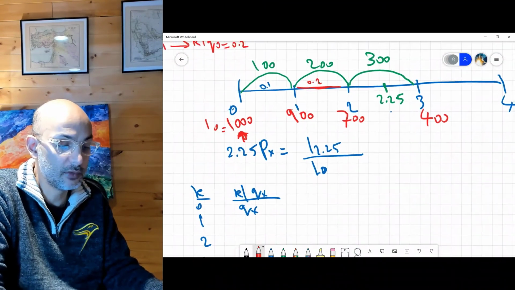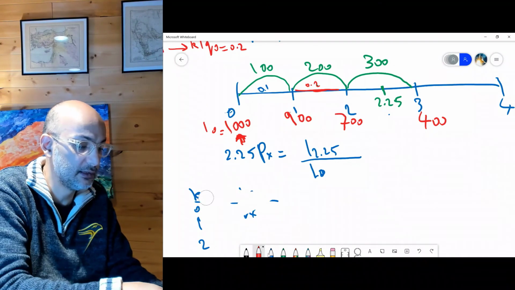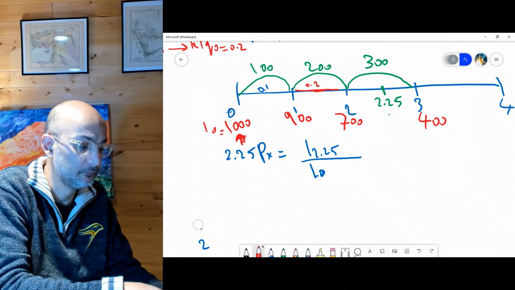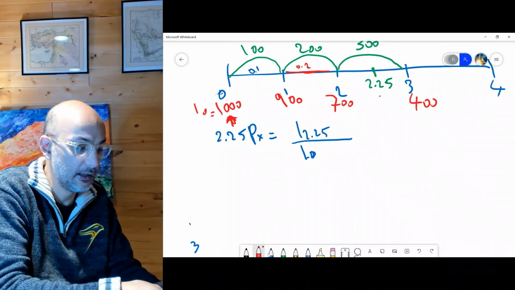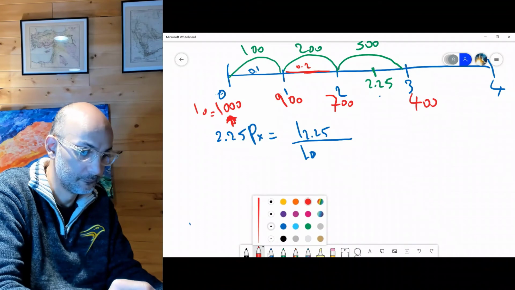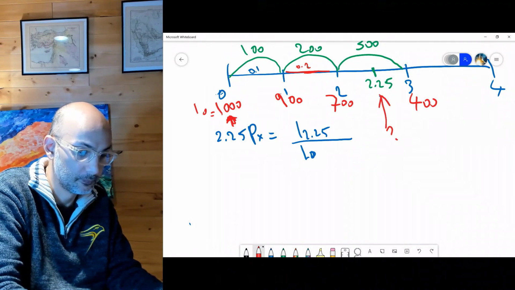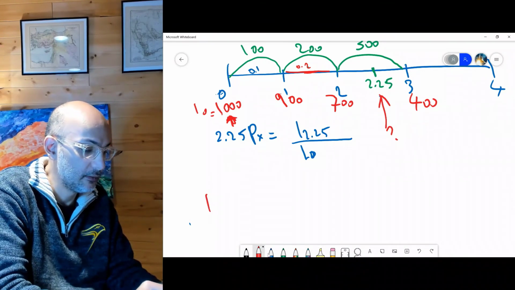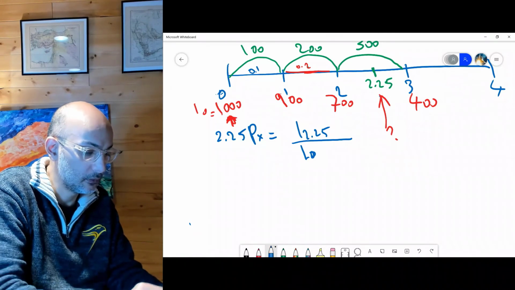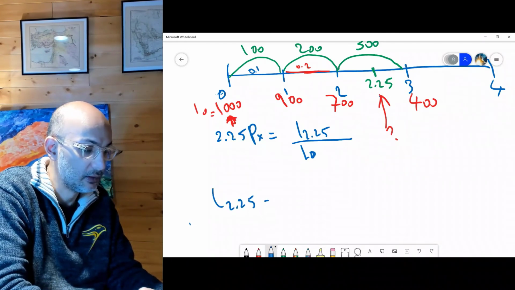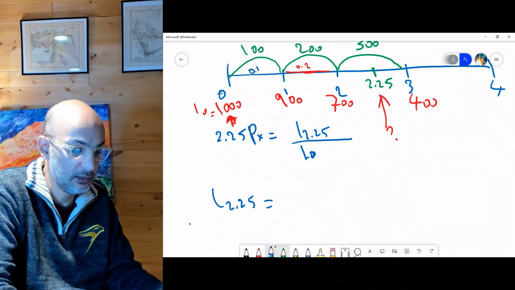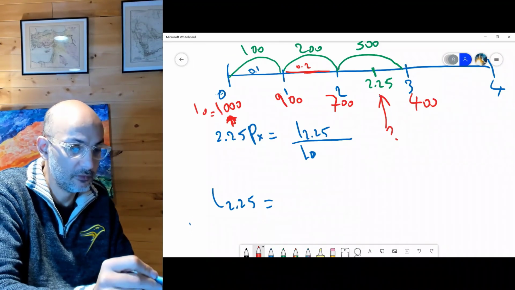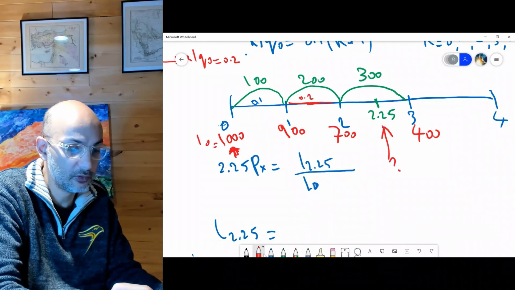Now for this formula here, you need L2.25. Remember what we said. You look at the death that happens between these two periods. If it's all 300, what is the death here, and what is the death here?